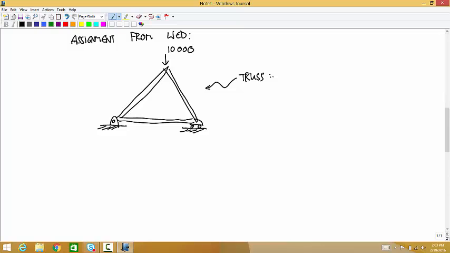So the definition of a truss is members connected by pin joints or ball and socket joints in 3D. And all loads are applied at the joints.